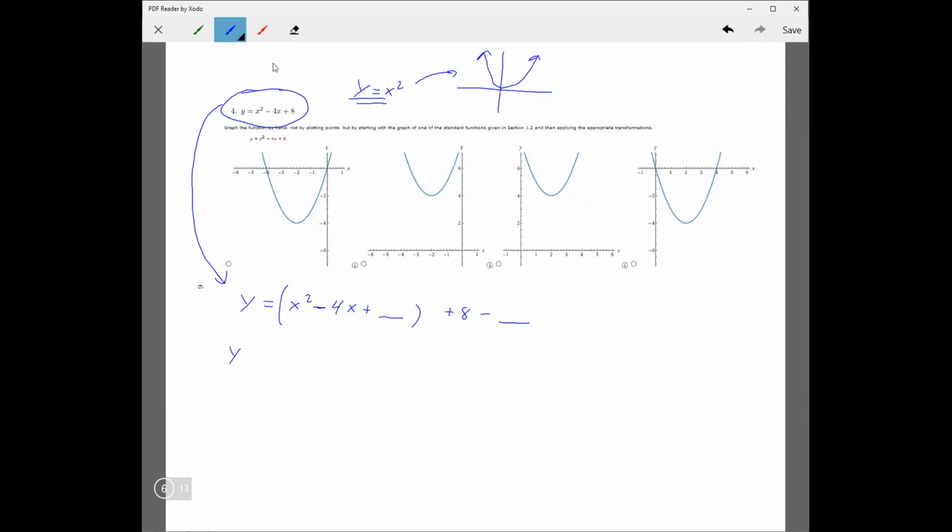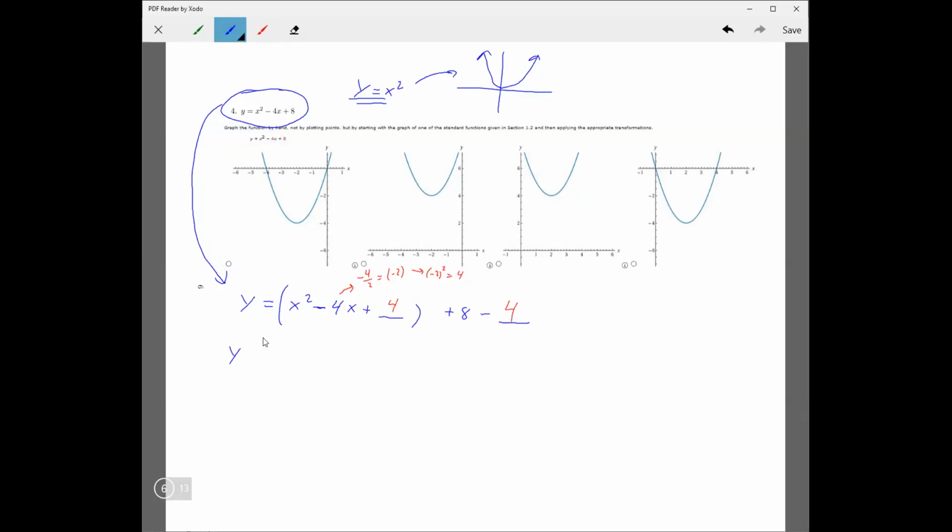Okay, so what you do is you take this number right here, so -4, and you divide it by 2, and that gives you -2. Then you take that -2 and you square it, and that gives you 4, and that's what you're going to add and subtract.